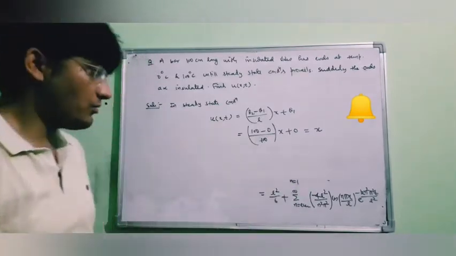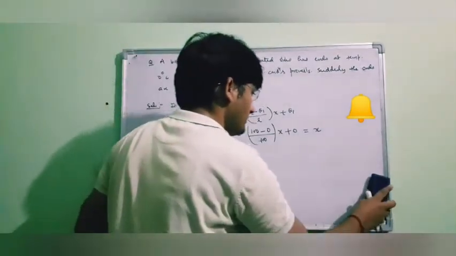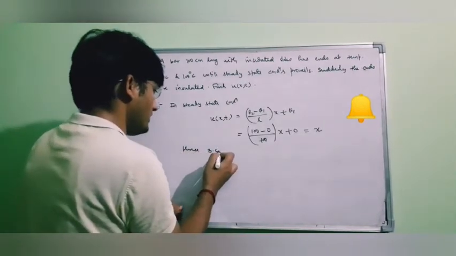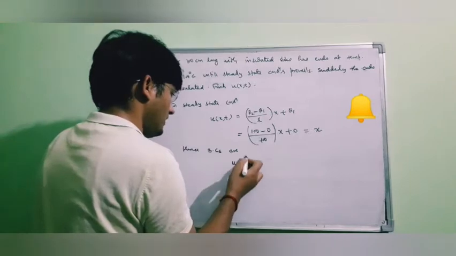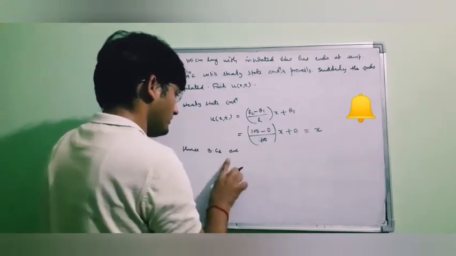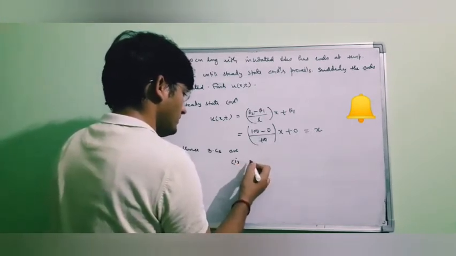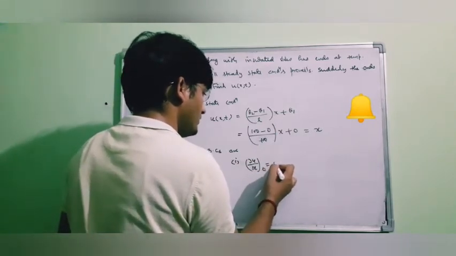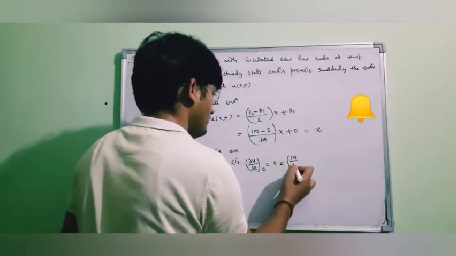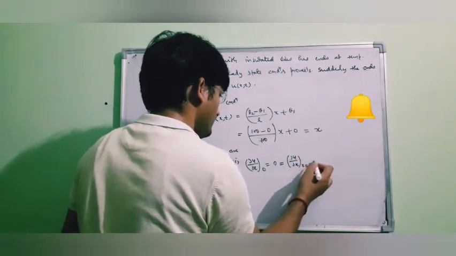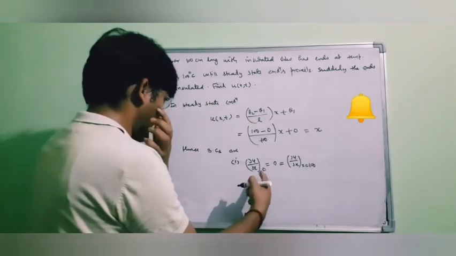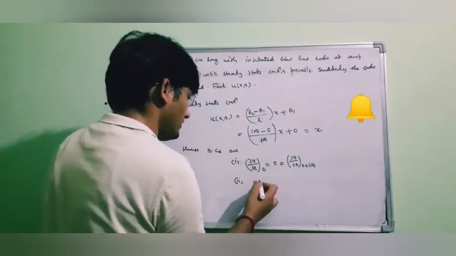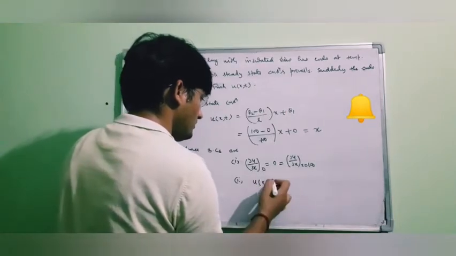Now this problem is similar to the previous problem. Hence the boundary conditions are: the first condition is that the temperature gradient at x equal to 0, and when x is 100, at both ends the temperature gradient is 0, and then the initial temperature is x.